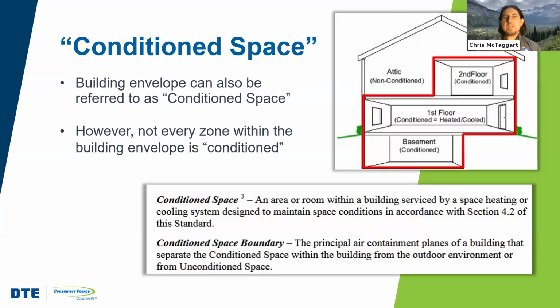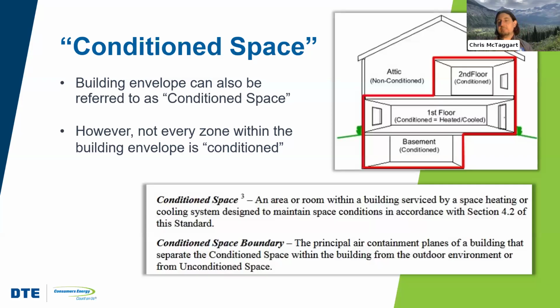So, by code, we're defining conditioned space as an area or room of the building that's served by heating and cooling systems to maintain space cooling and heating conditions. Conditioned space boundary is the principal air barrier and thermal barrier, basically, for the home.